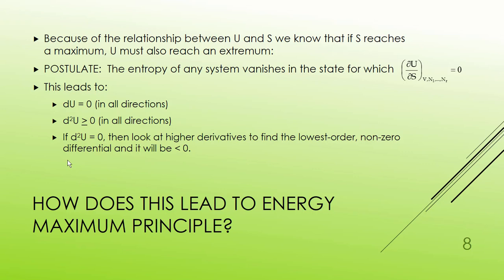This leads to the fact that this extremum in U must be a minimum. Again, we can do this with other energy functions, but this is just the basis of the idea of how one can develop these rules.